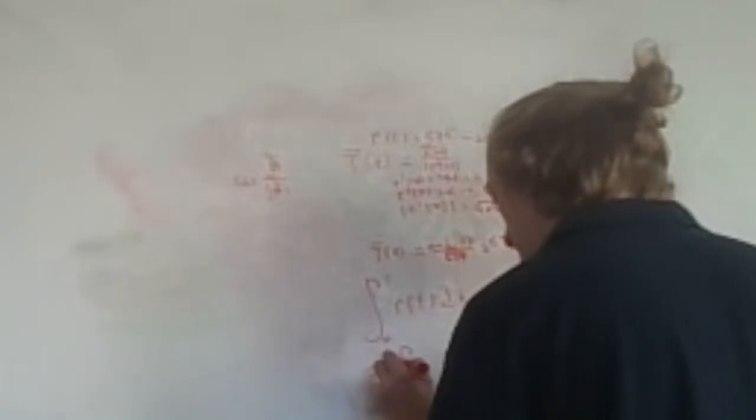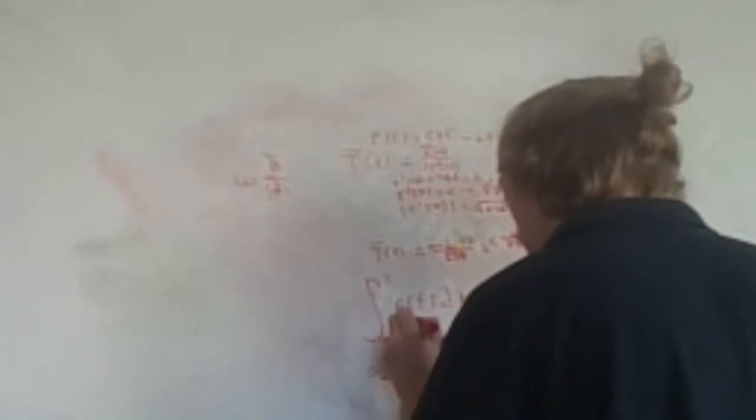So this is going to be the integral of 0 to 1 of 3t squared minus 2t dt, comma, the second is the integral of 0 to 1 of 4t cubed plus 5t dt.